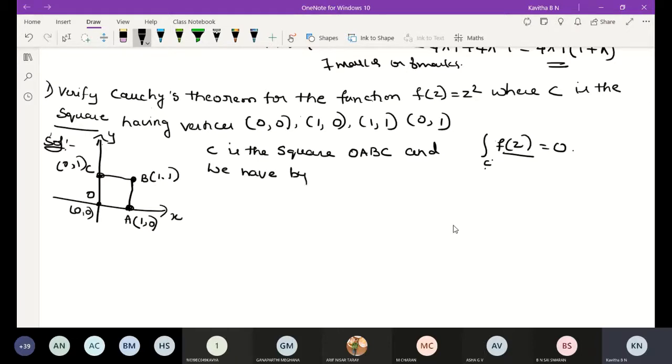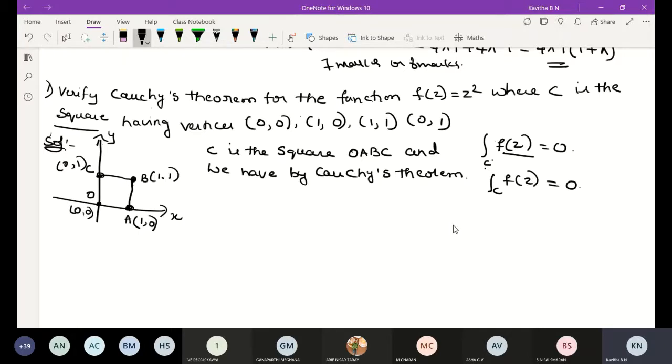By Cauchy's theorem, the integral over C of f of z is equal to 0.